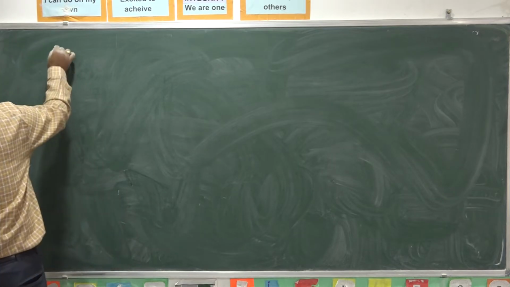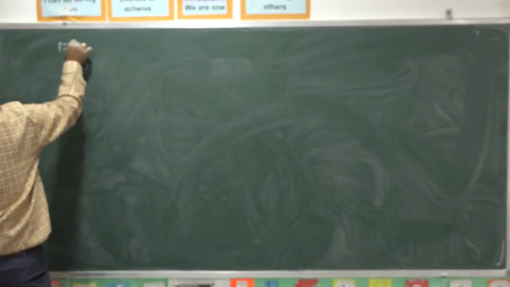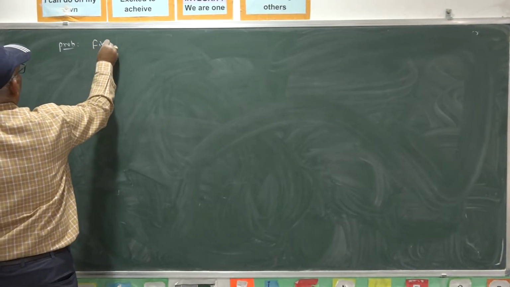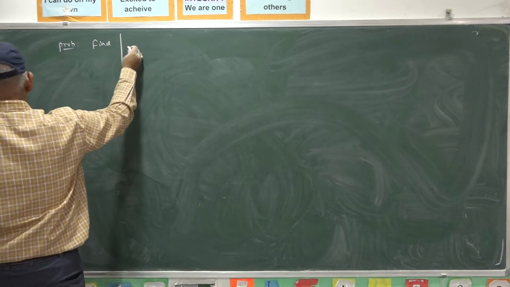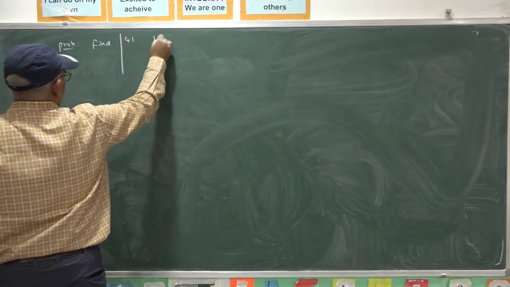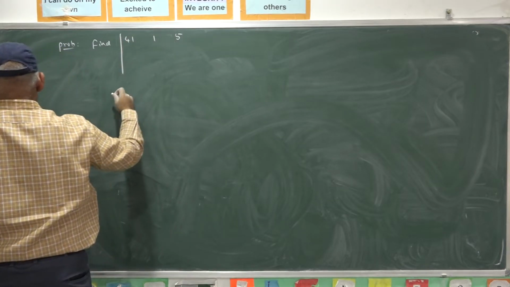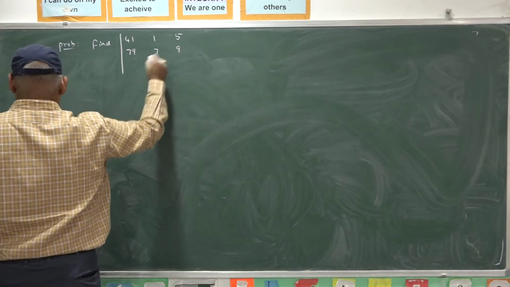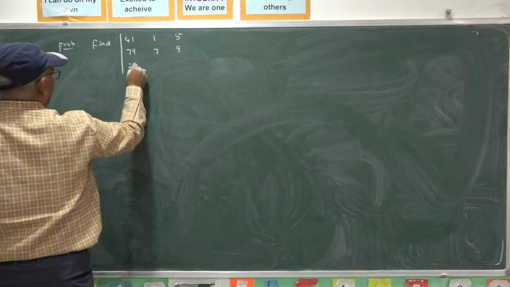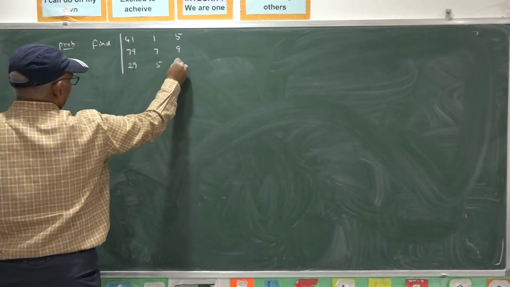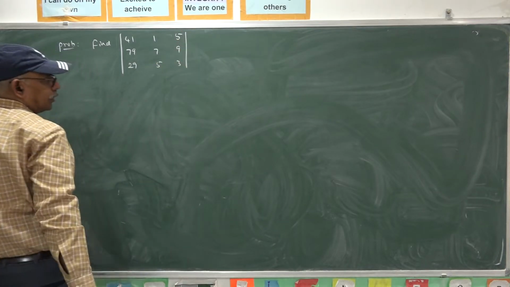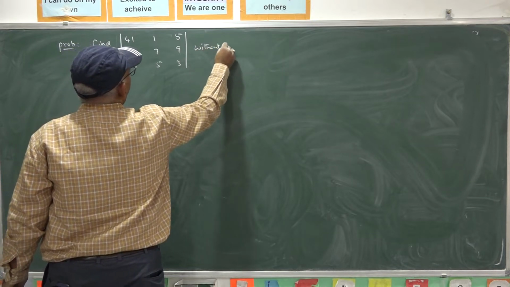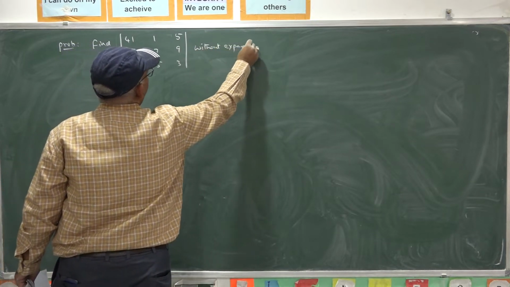Next, find the determinant 41, 1, 5; 79, 7, 9; 29, 5, 3, without expanding the determinant.